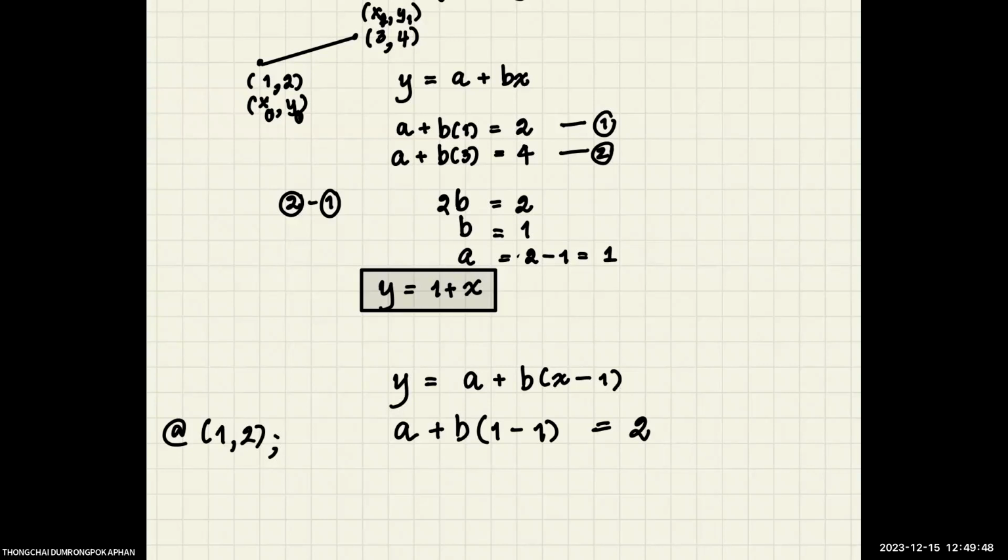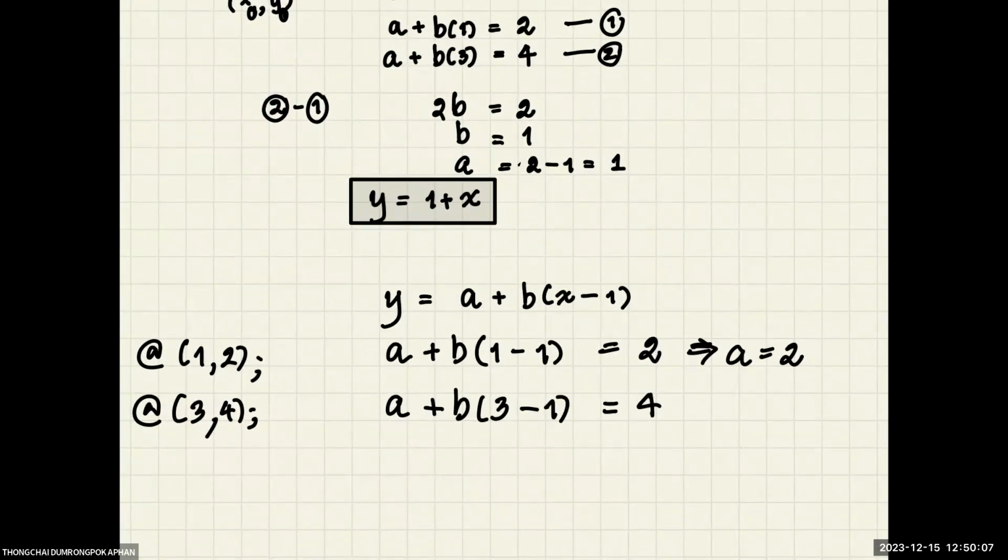This implies that A equal to 2. Okay? And now at the second point, 3, 4, you will get A plus B times (3 minus 1) equal to 4. But now you know that A is 2, so I plug in the number 2 here.